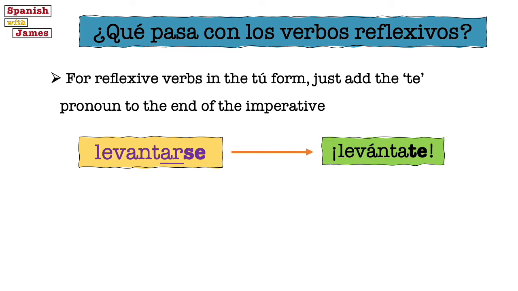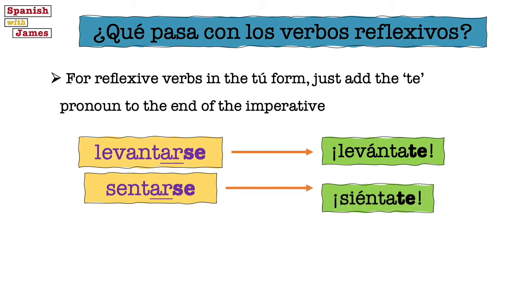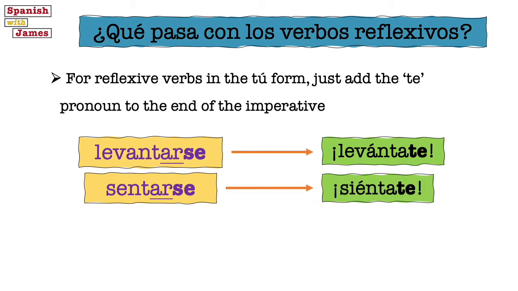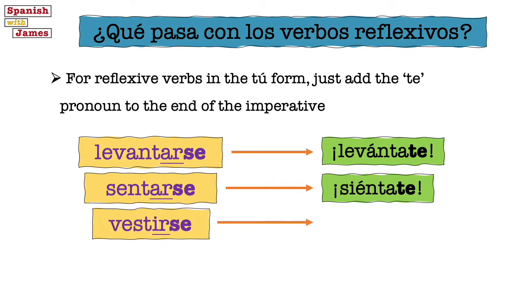Get up, get yourself up, levántate. Sentarse, to sit oneself down, becomes siéntate. Vestirse, to get oneself dressed, becomes vístete. Vístete, get yourself dressed.